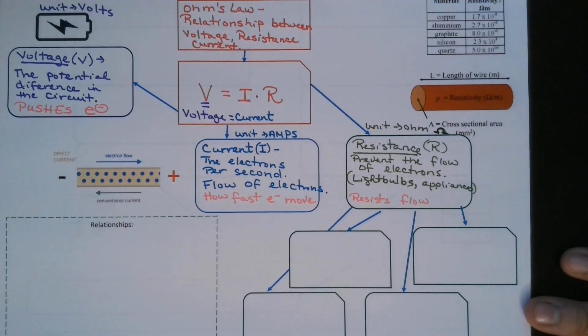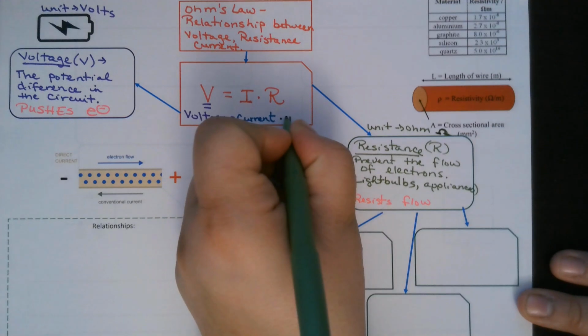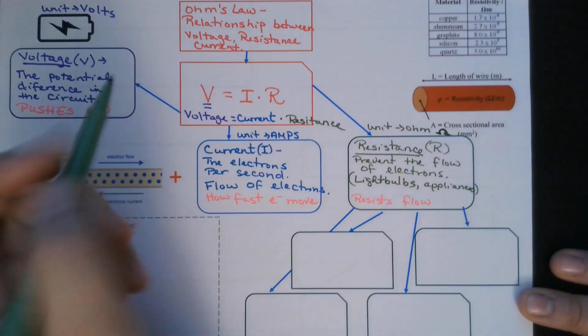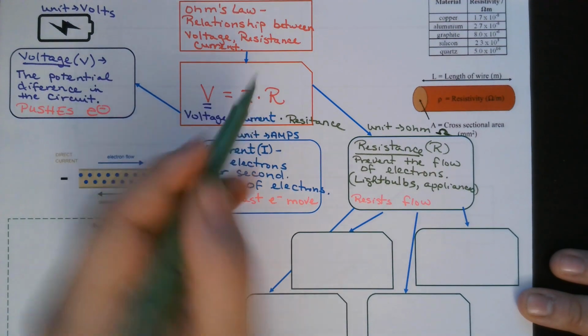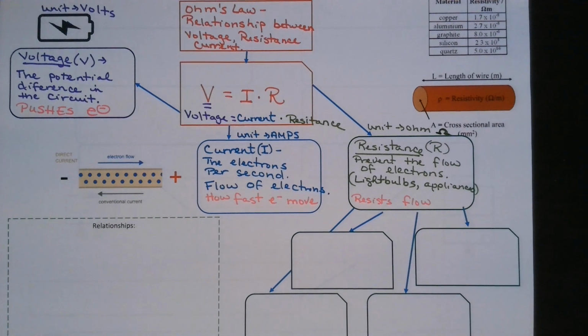It's a Greek letter. Okay, so this one is resistance. And I'm going to write the units right above each one of these. So the unit is ohms. I'm just going to do that in a different color for all of them, so you have it.